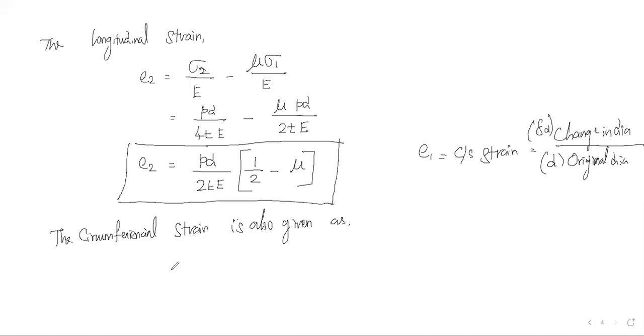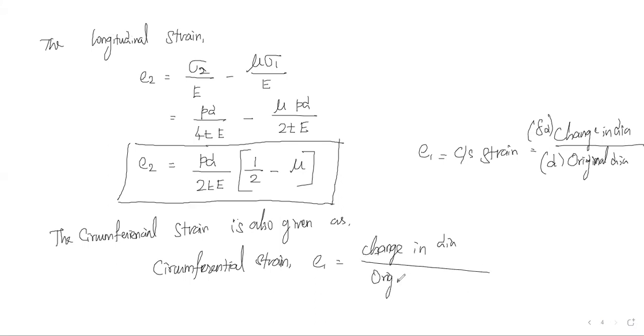So circumferential strain E1 is equal to change in dia divided by original dia. So change in dia we are going to denote by del D, and original dia will be denoted by small d.